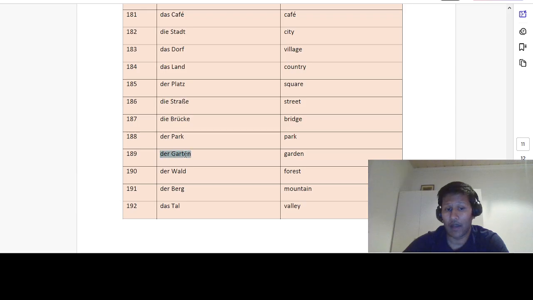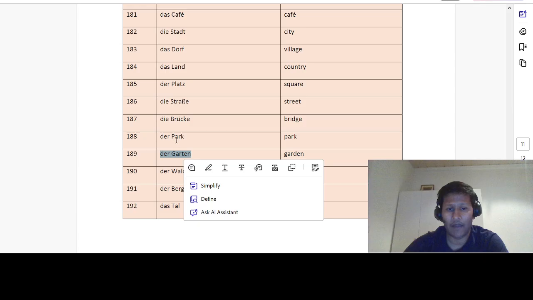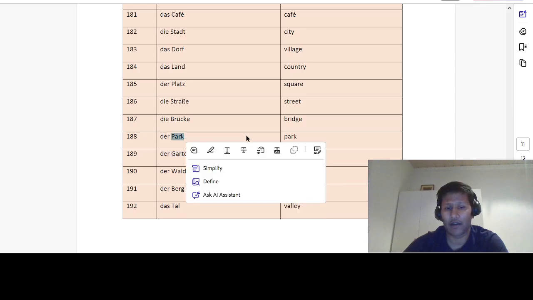Same way, der Garten, that we have seen already, garden is called der Garten. So in German, you will see that whatever you have in English with a d, it will be a t, and the word will be similar. So garden is Garten, der Garten, and some will be the same, der Park.